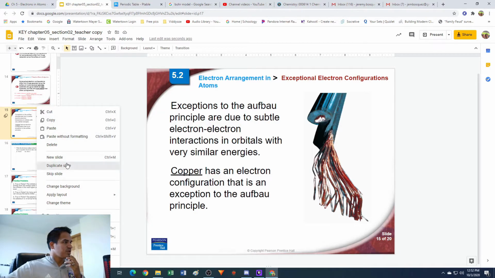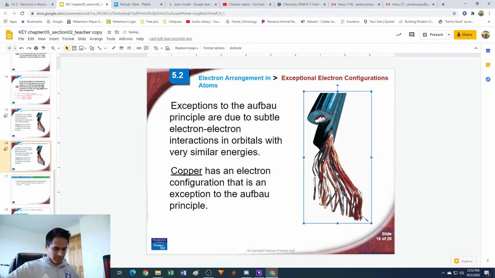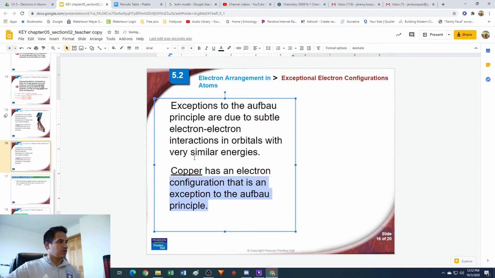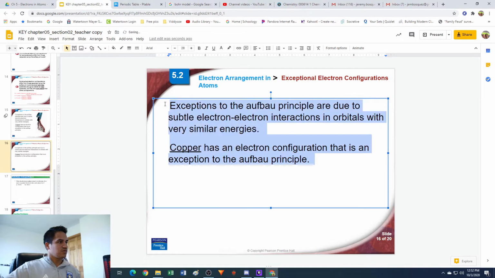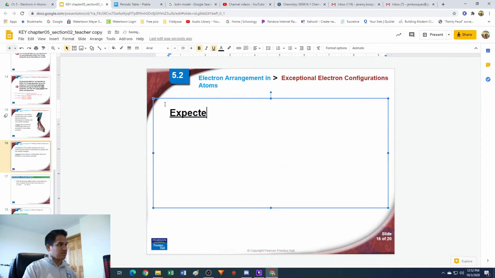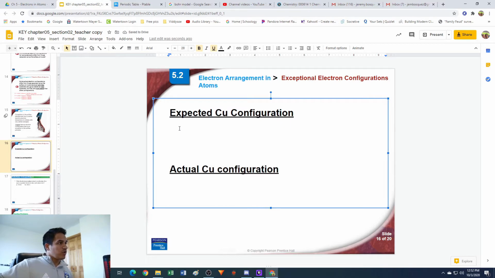I'm going to duplicate the slide here, get rid of this image, and type in this text box. Let's write expected copper configuration, and then actual copper configuration.